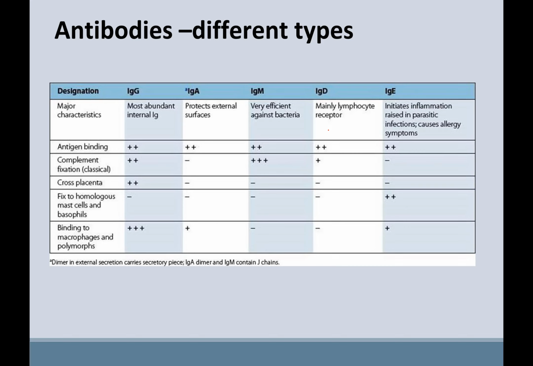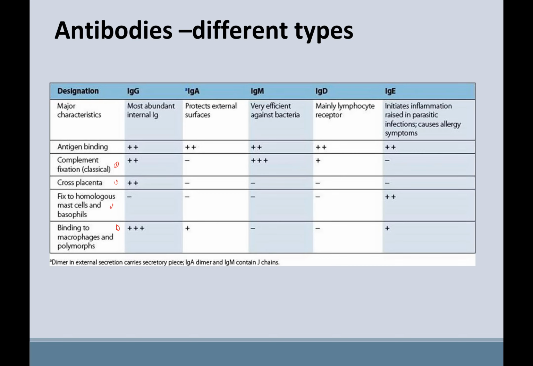So there are 5 different classes of antibodies: IgG, IgA, IgM, IgD, IgE. You do not need to know this table. I just want you to take a look at it and you can see some of the differences. Some work with complement. IgG is the one that actually crosses the placenta and helps protect your baby. Some work with macrophages.